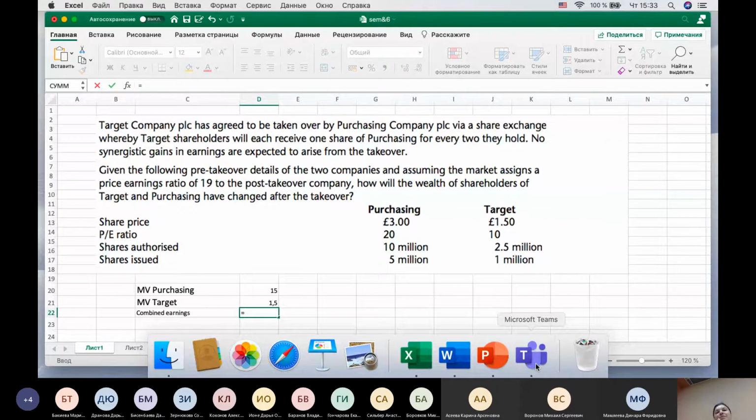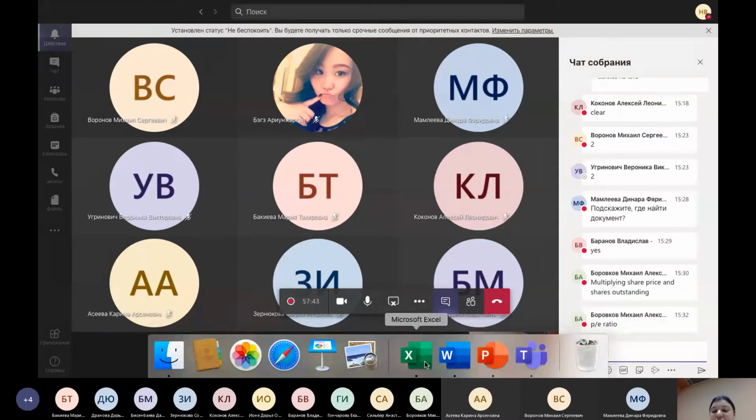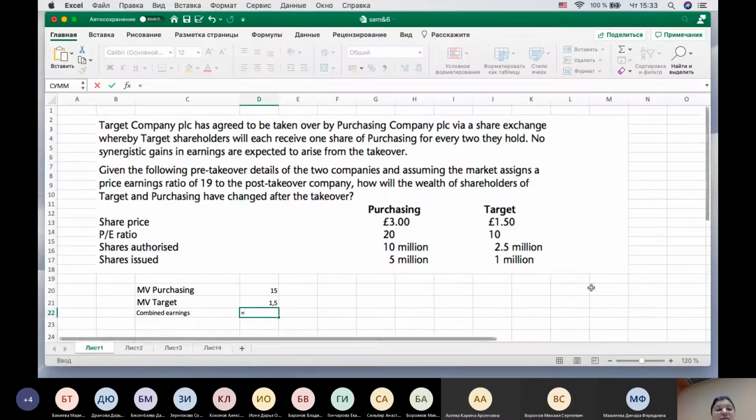We have to find the global meaning of our earnings. We can find the common meaning of our earnings. Mikhail, how should we start the calculation of our combined earnings?